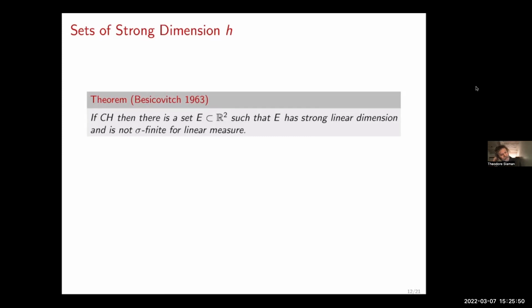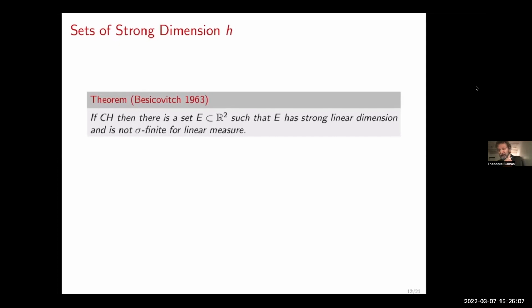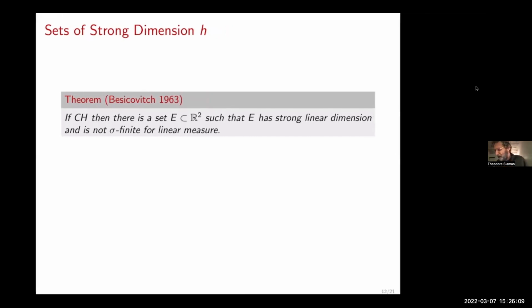Take any gauge function which is greater than linear, and the associated measure of E is equal to 0. Okay, so this is an abstract set theoretic construction.